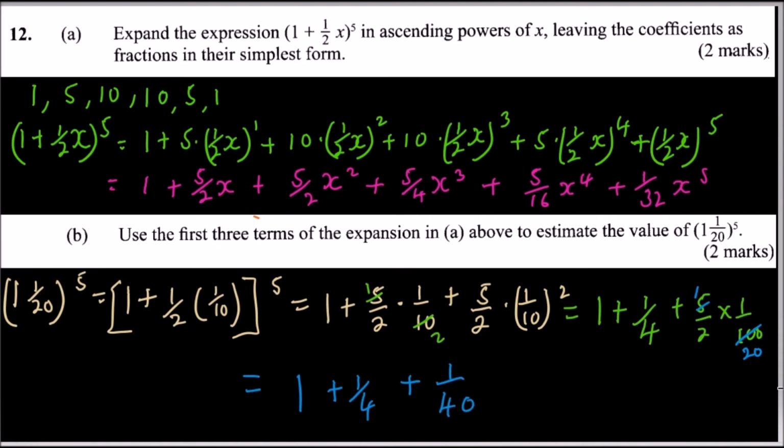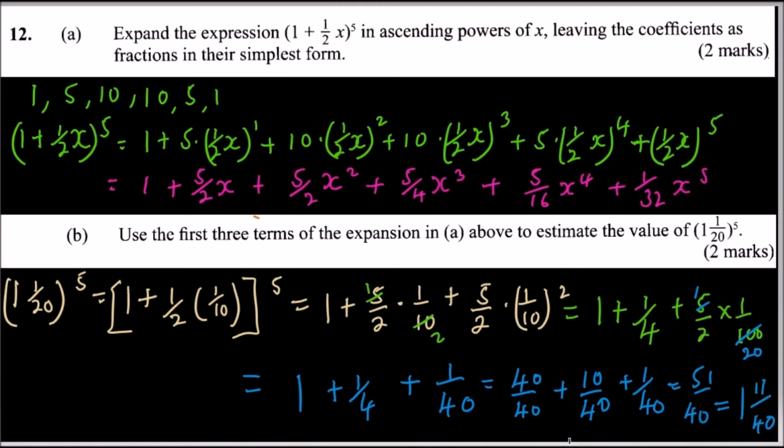So we can put this in the same denominator, or with what we say the LCM. So 1 is the same as 40 over 40, plus a quarter is the same as 10 over 40, and then we have 1 over 40, and when you add, that is 40 plus 10 is 50, plus 1 is 51 divided by 40, which gives you 1 and 11 over 40.